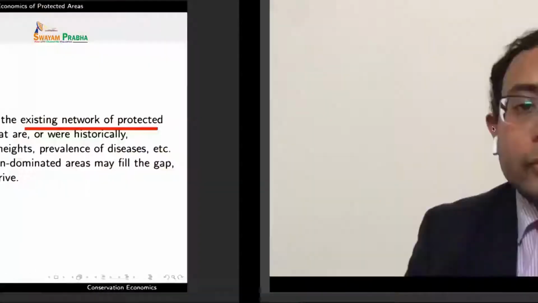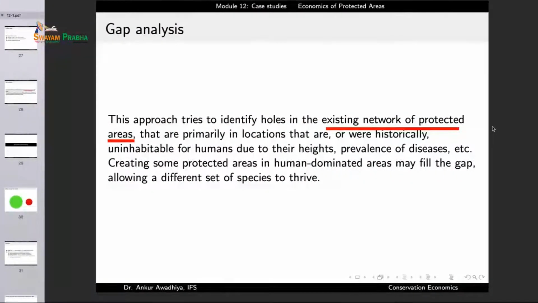Because once we do that, we will also be able to protect the species that live in plain areas or those areas that have become human dominated. So that is gap analysis. You take a map, mark out all the protected areas, and look for the gaps. And those gaps are the areas where you should be making the newer protected areas. So that is the gap analysis.